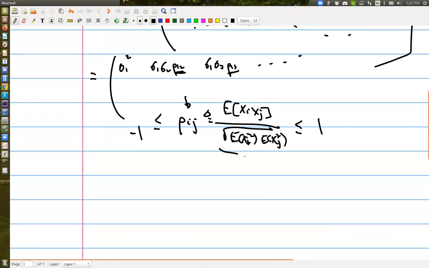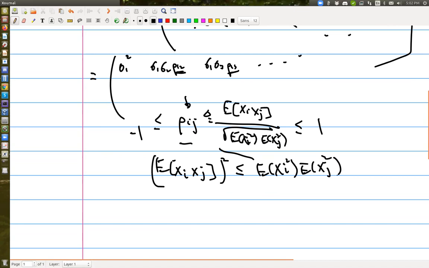When I say that rho ij defined this way is within 1 and -1, this is basically saying that expectation of xi xj, squared, is less than or equal to expectation xi square times expectation xj square. And this is a special case of the so-called Cauchy-Schwarz inequality. I'm not sure how to spell that. I think it's something like that. Inequality.